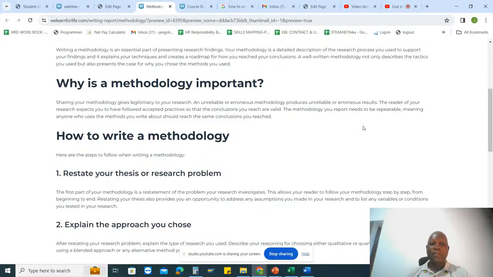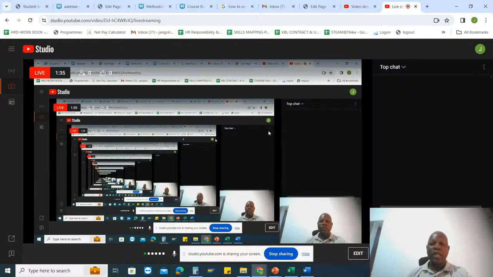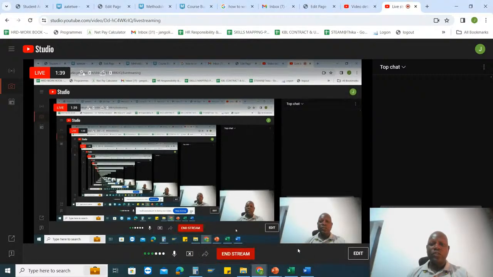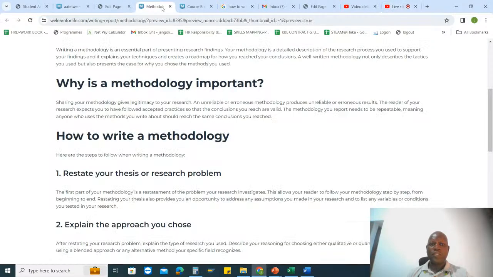So why is a methodology important? Of course, what I've given in the introduction shows that methodology is important. Through a properly written methodology, we legitimize our research and our findings. It helps us to ensure that our findings, the results that we went out to get, are reliable.